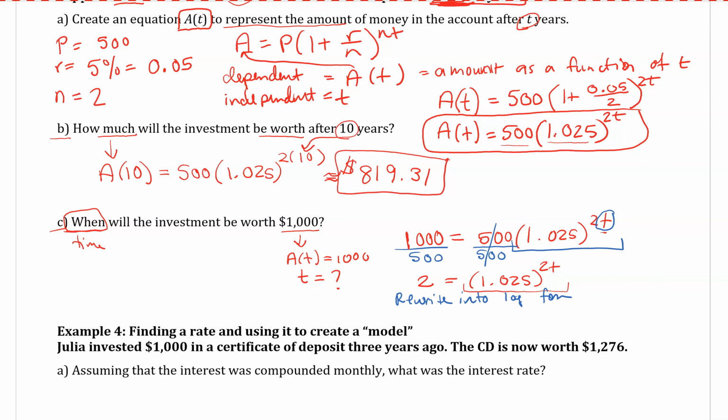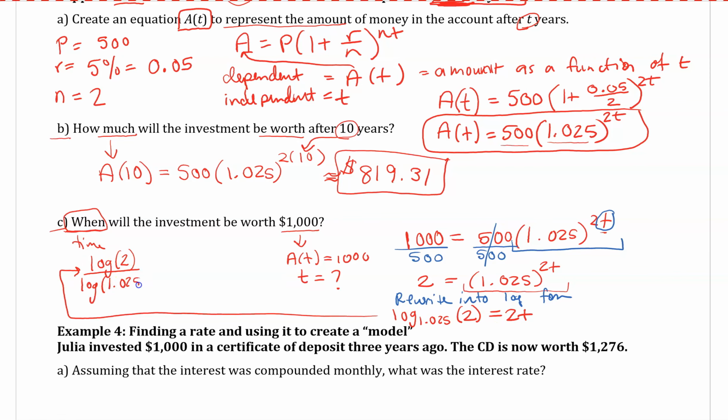And so I get the log of base 1.025 of 2 is equal to the exponent of 2t. So log base 1.025 of 2 is equal to 2t. Let me move this over here. I'm going to use the change of base formula to just quickly and easily evaluate this. So this is the log of 2 divided by the log of 1.025 is equal to 2t.